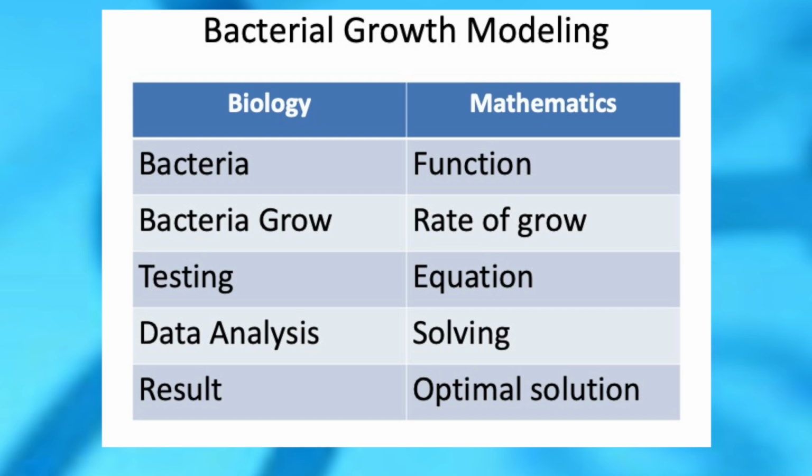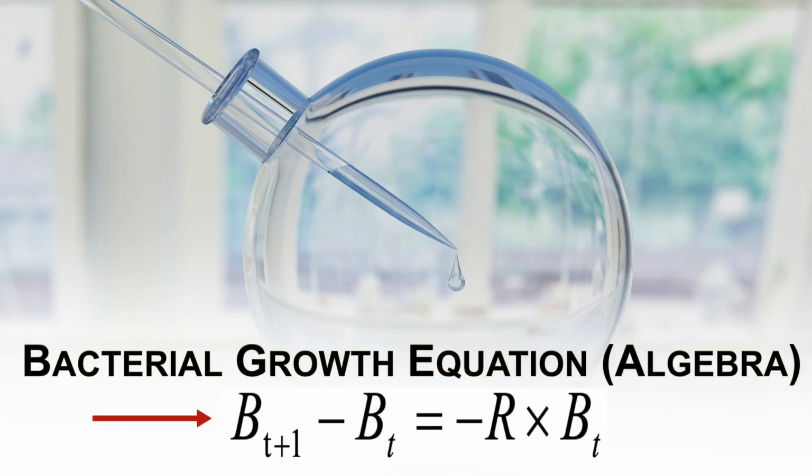Bacteria are defined by a function, which means a rule. Bacterial growth is defined by calculus theory, the rate of growth, because a certain number of bacteria after time t increases to a certain number, then it is formulated into an equation.